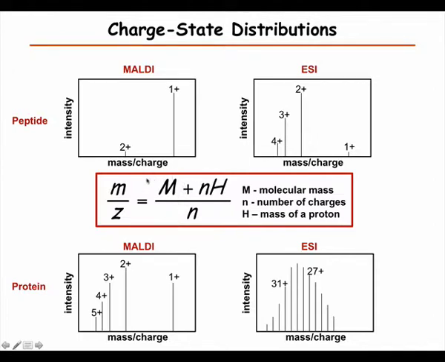You take the molecular mass of the peptide or protein, you add the mass of hydrogen the number of times that you have charge, and divide by the charge. So that's how you get it. These charges are protons that are attached to the peptide.